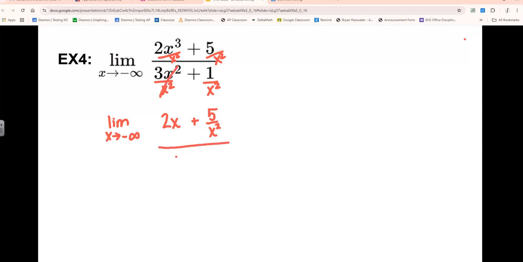Here, my x squareds cancel and I get a 3. And then I've got 1 over x squared.